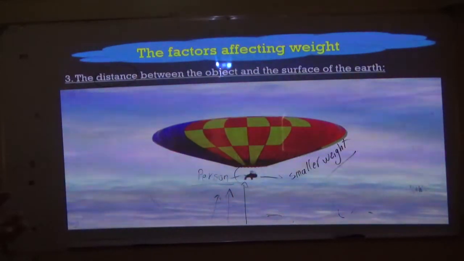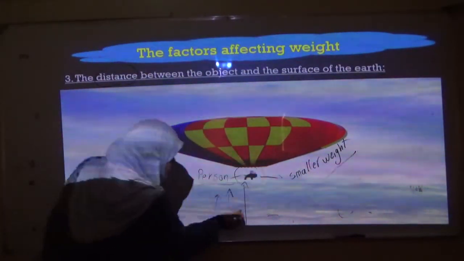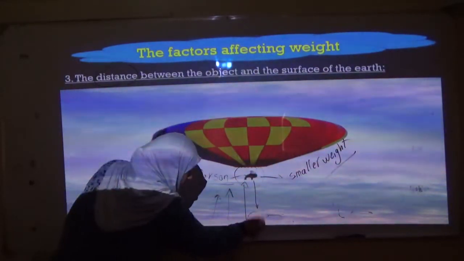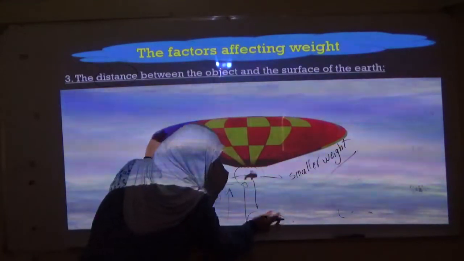So in the flying balloon, he is less attracted to the center of the Earth, and on the surface of the Earth, the weight of his body will increase because the distance between the body and the center of the Earth decreases. So in the flying balloon, he has a smaller weight. If this person falls down here, his weight will increase.